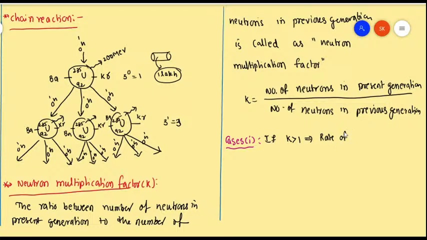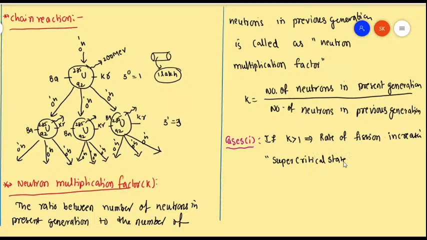And as the number of neutrons in the present generation increases, the rate of fission and the rate of chain reaction increase. Rate of fission means the number of fissions per second. In this state, the number of neutrons in the present generation is greater than the number of neutrons in the previous generation. This is called the supercritical state. What is it called? Supercritical state.